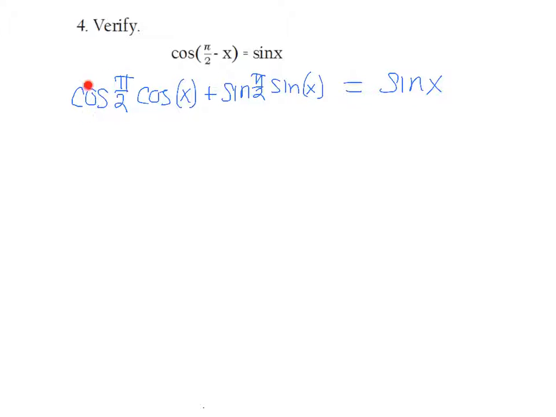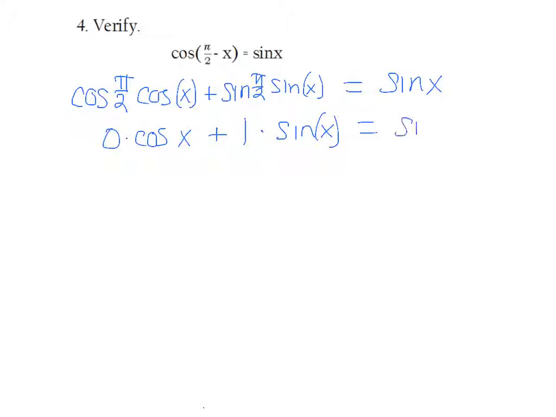Now this is a unit circle thing. Let's go ahead and do that unit circle stuff. The cosine at pi over 2 is 0 multiplied by cosine x, plus the sine at pi over 2 is a positive 1 times sine x.